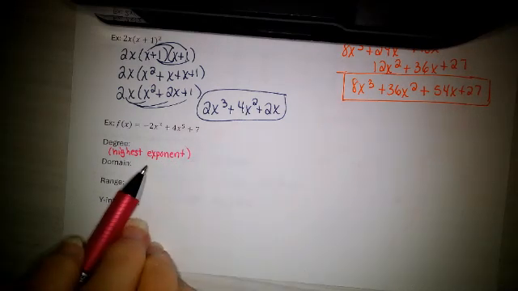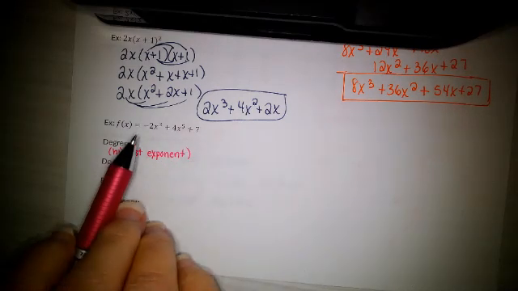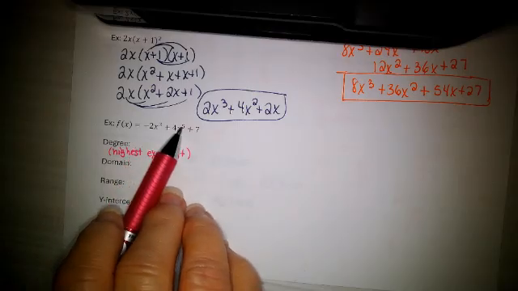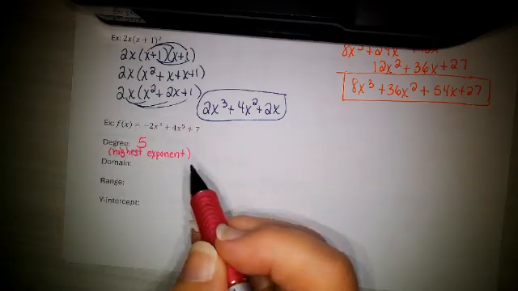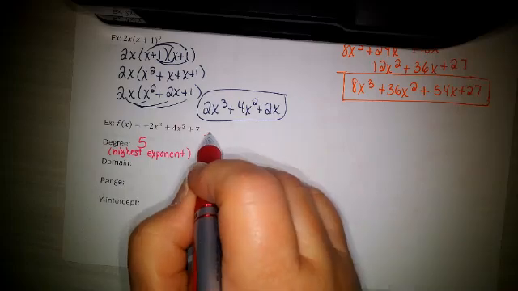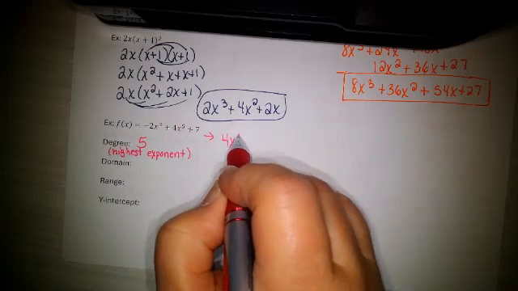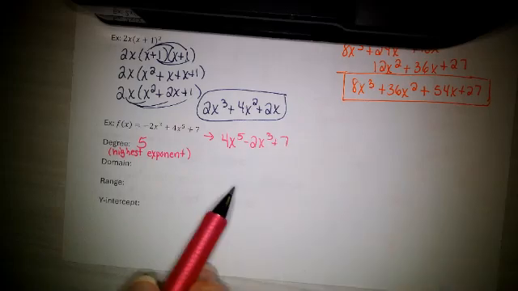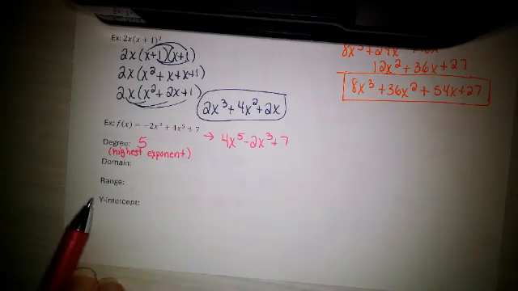Your degree is the highest exponent. So look at your powers. I've got an x to the third and an x to the fifth. This is a degree 5. So if you wanted to, you could rewrite it in the familiar form. And you can see the highest power is a 5.